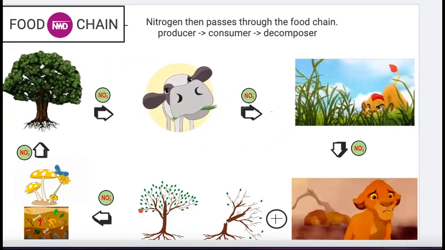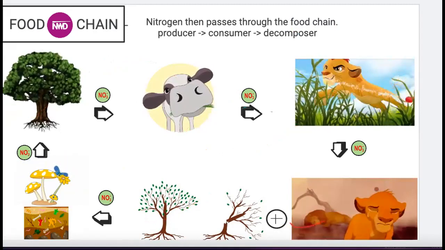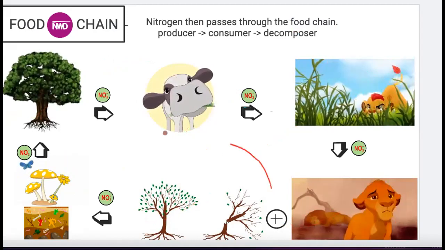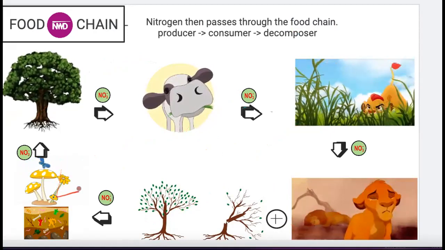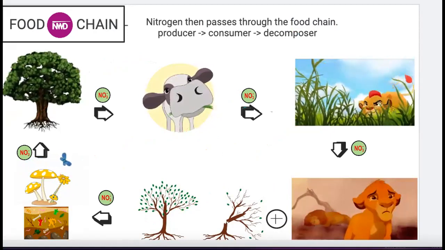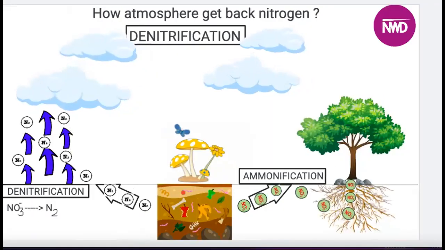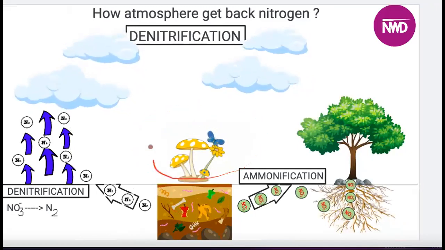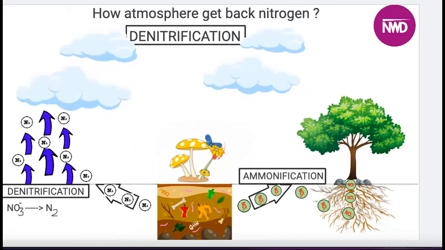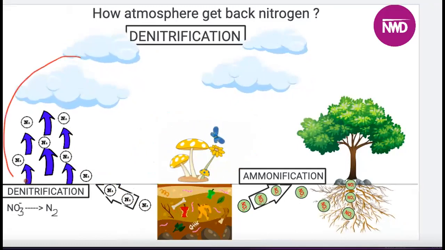And when both these producers and consumers die, then decomposers act upon them. We will see it further. When this dead and decaying matter is acted upon by a decomposer like fungi, some of the nitrogen gets released back to the atmosphere in the form of nitrogen gas.